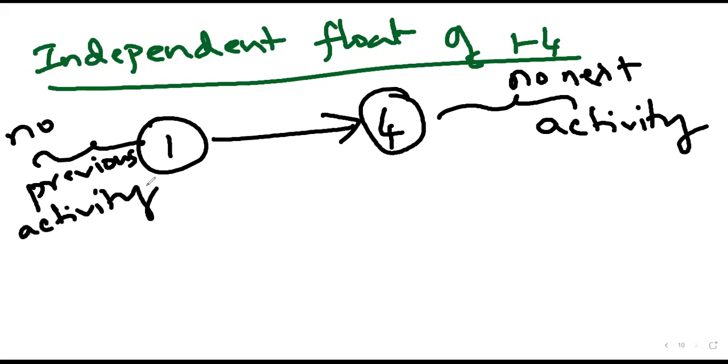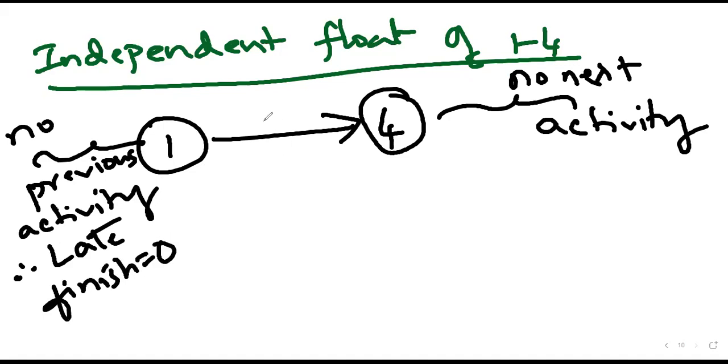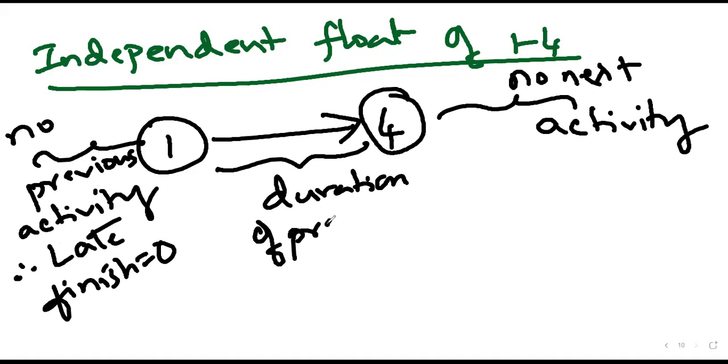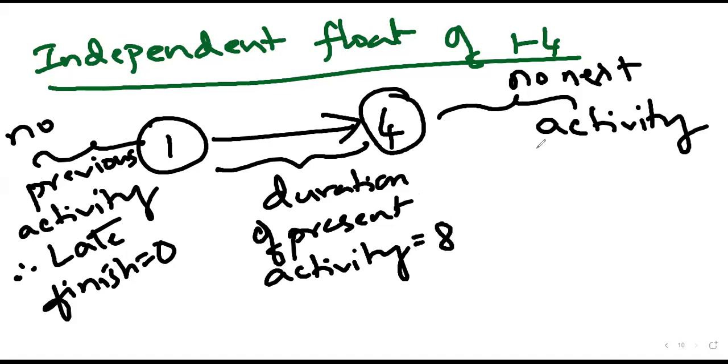If there is no previous activity, then what should be the late finish? 0. Late finish will be equal to 0. What is the duration of 1-4? The duration of the present activity is equal to 8.